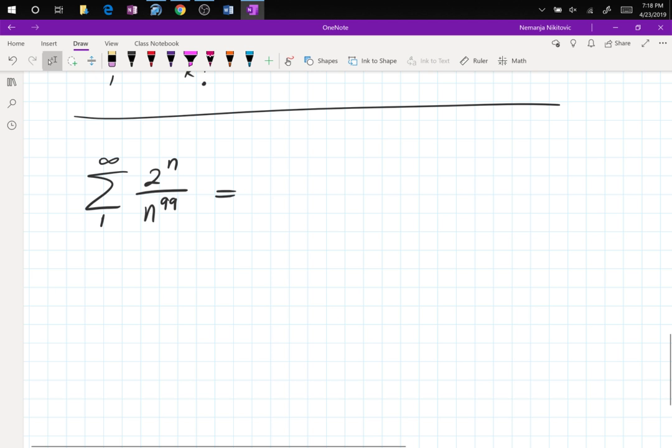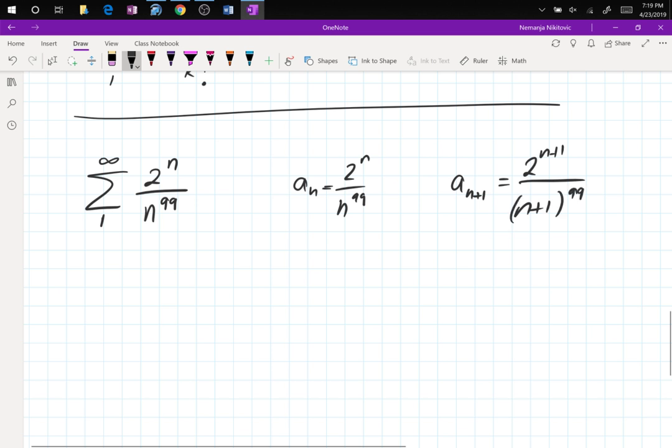Now let's do ratio test, because we are learning mechanics of ratio test. But we already know this diverges by divergence test. So what do we do? Extract a_n, which is 2 to the n over n to the 99, and then create a_n plus 1, which is 2 to the n plus 1 divided by n plus 1 to the 99.